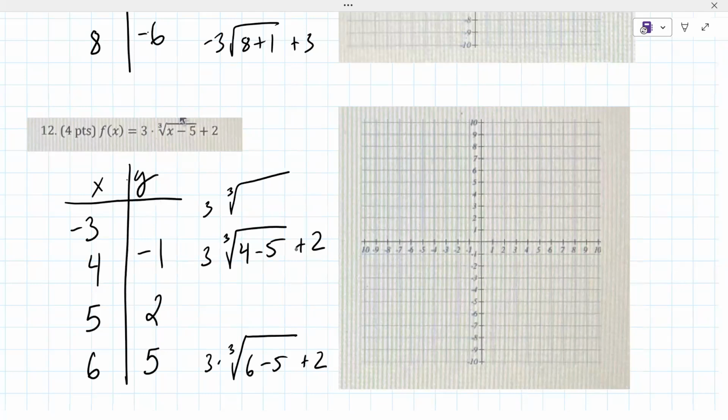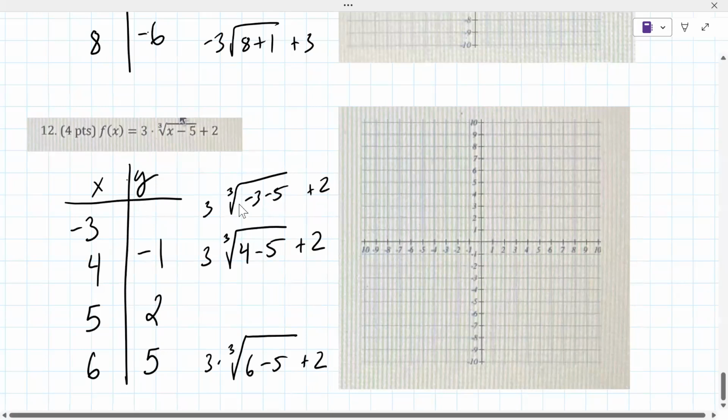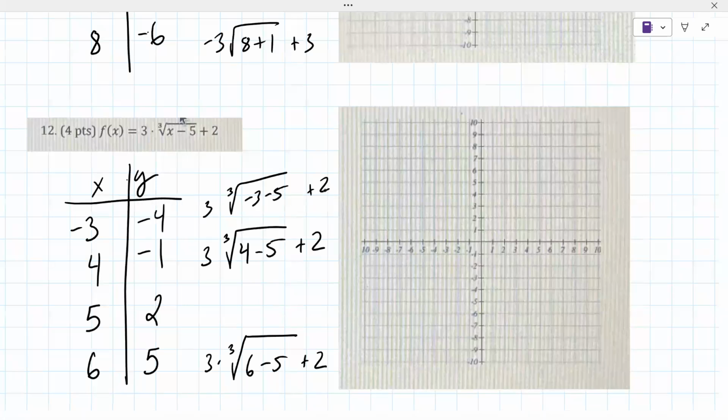And then I think we're able to fit one more point on this graph. This is -8. The cube root of -8 is -2. 3 times -2 is -6, plus 2 is -4. So get those down in your table. We want to graph this: 5, 2, 6, 1, 2, 3, 5. We really do need one more point here to make this graph look correct.